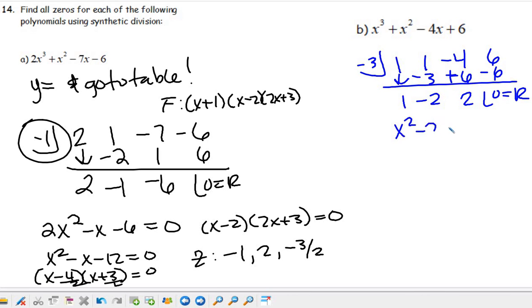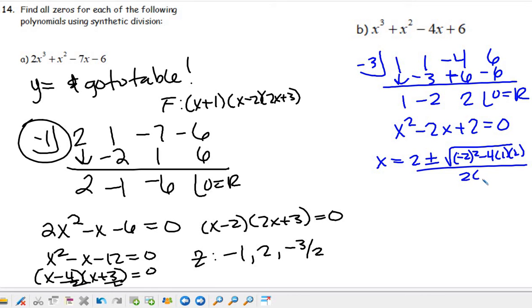Then we have x squared minus 2x plus 2. Immediately, this does not factor. So I either have an irrational solution or an imaginary one. So I'm going to do the quadratic formula: the opposite of b, plus or minus the square root of b squared minus 4ac, all over 2a.